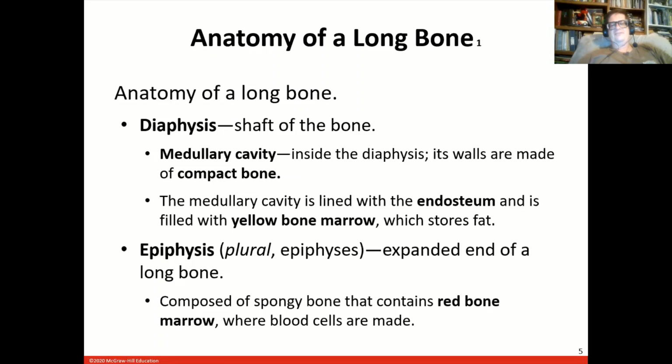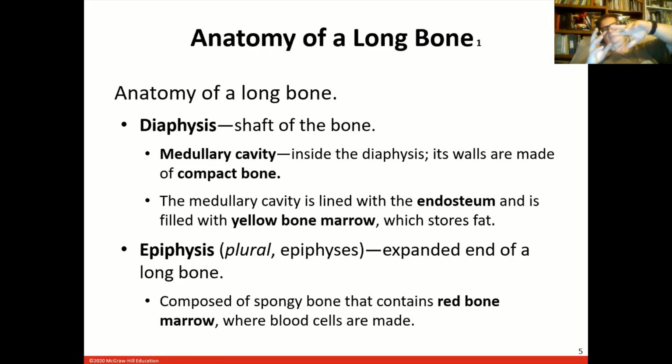Anyway, the epiphyses, the ends of the long bone, they have red marrow and they're spongy bone. Instead of being hollow inside, they still have compact bone on the outside, but it's a thinner layer than on the shaft, on the diaphysis. The epiphysis has a thin layer on each end, and then inside of it, instead of a hollow cavity, it looks like a sponge.